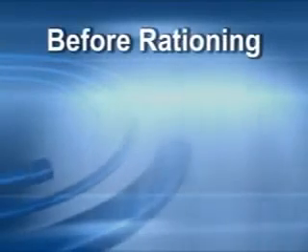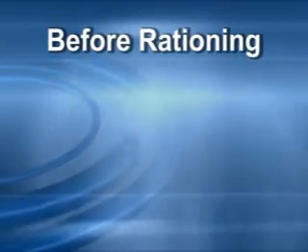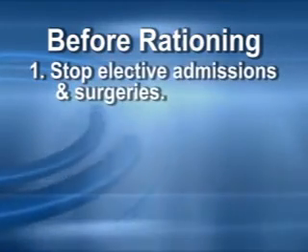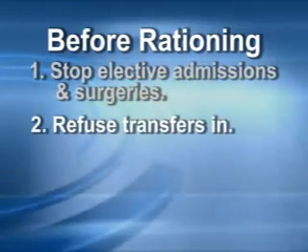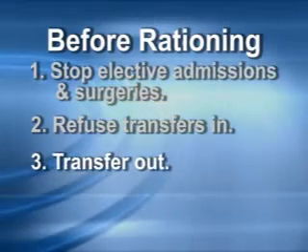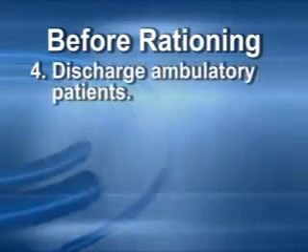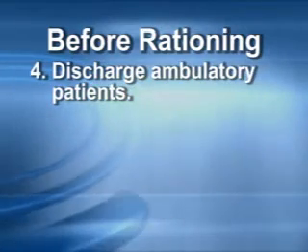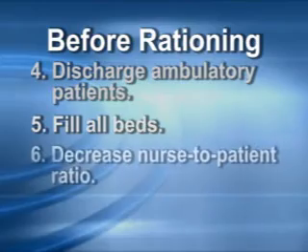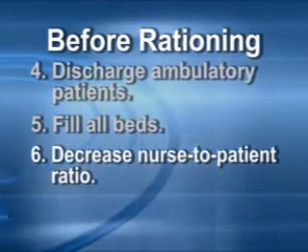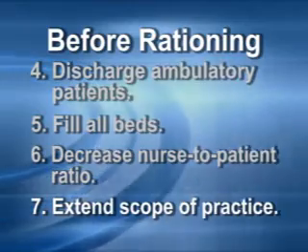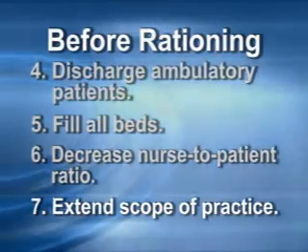Before rationing life-saving resources in hospitals, you should stop elective admissions and elective surgeries, refuse transfers, transfer admitted emergency department patients to other institutions, discharge ambulatory inpatients, fill all physical beds, decrease normal nurse-to-patient ratios, and extend the scope of nursing practice and use all levels of personnel.